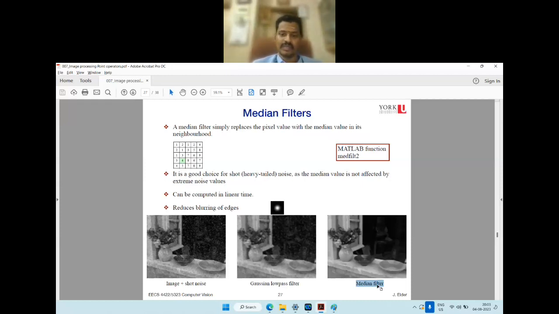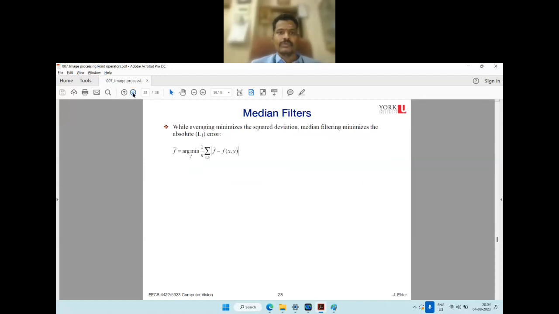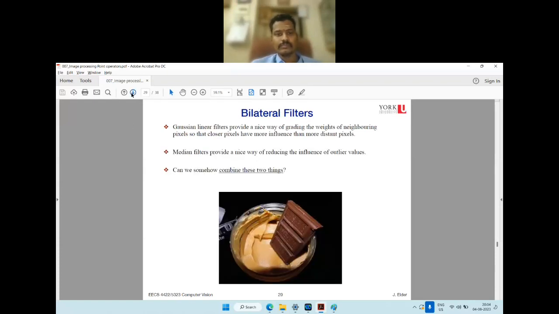But the noise got removed. So while averaging minimizes the square deviation, median filtering minimizes the absolute error.